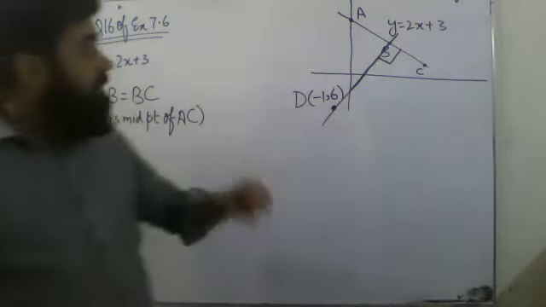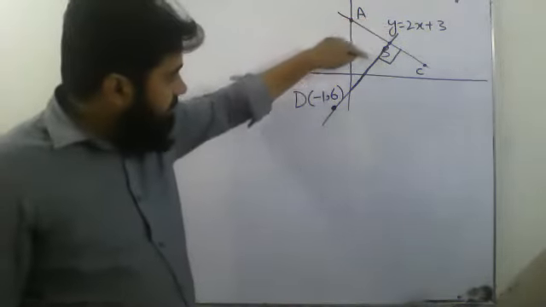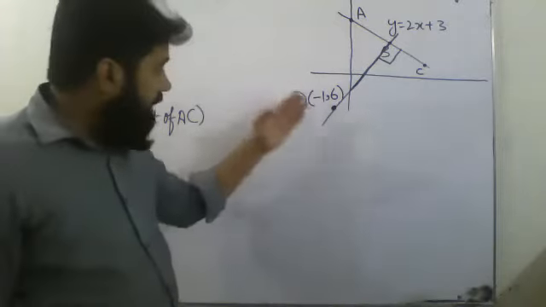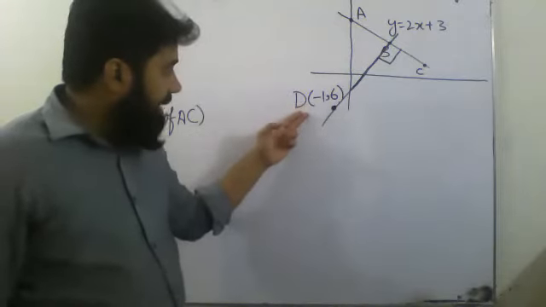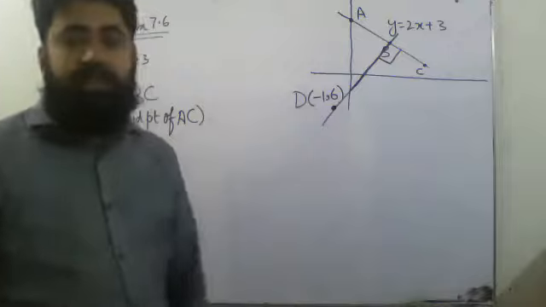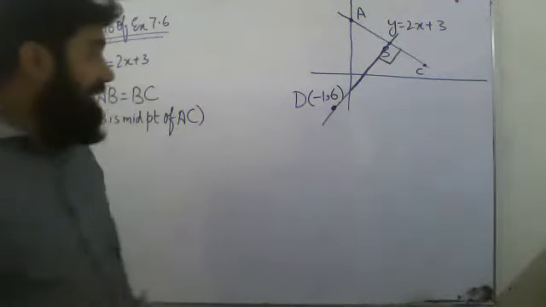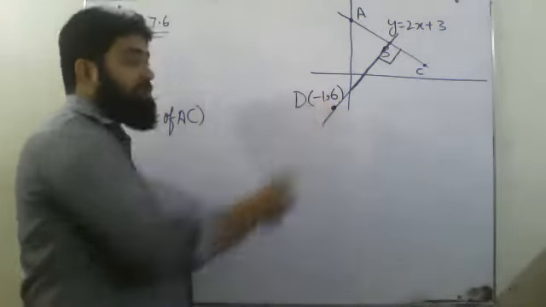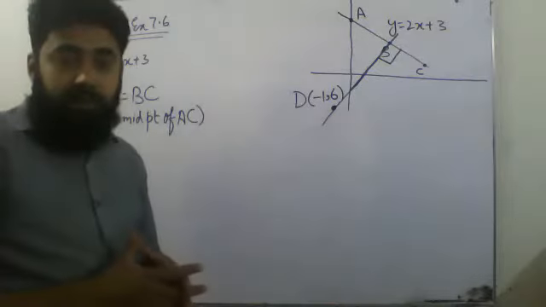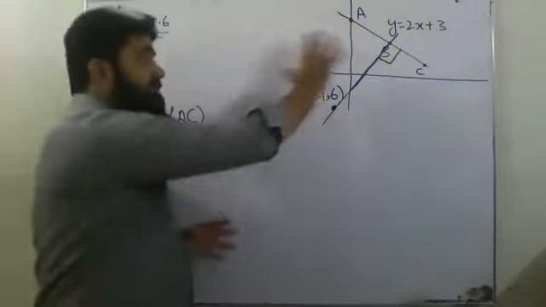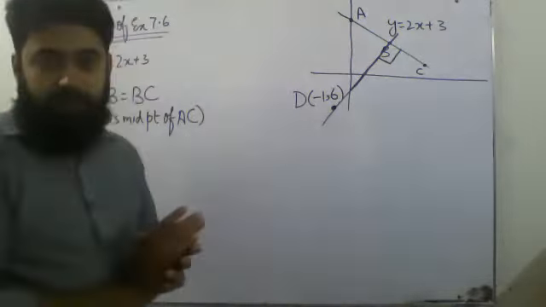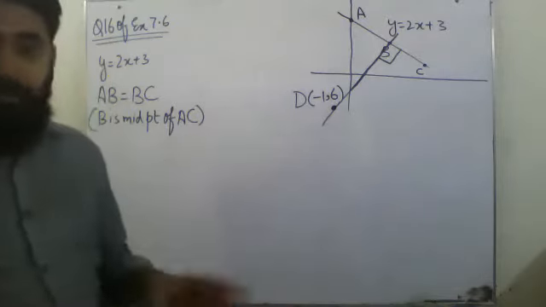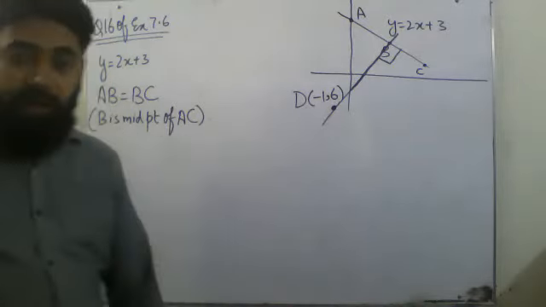Now, there is another line which is passing through B and through D whose coordinates are -1, 6. Don't think about how this can be negative and 6. It is just a rough sketch, not a proper sketch. It is just for your understanding.